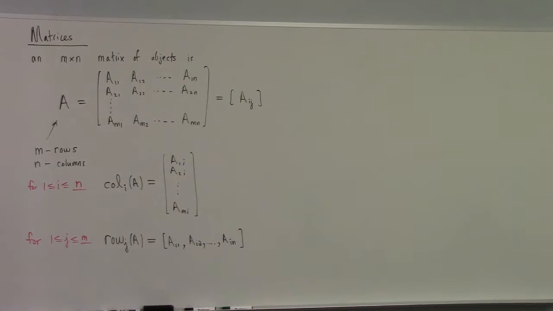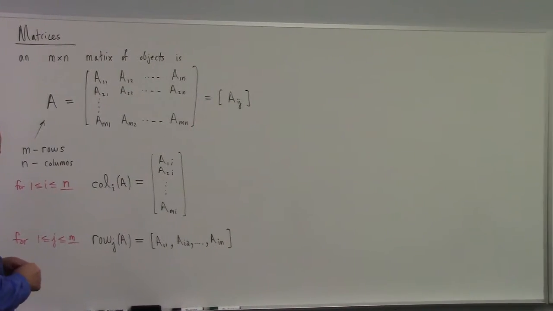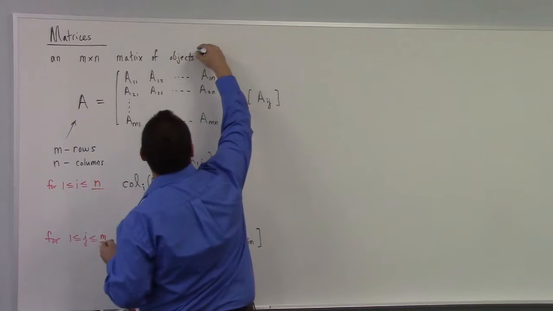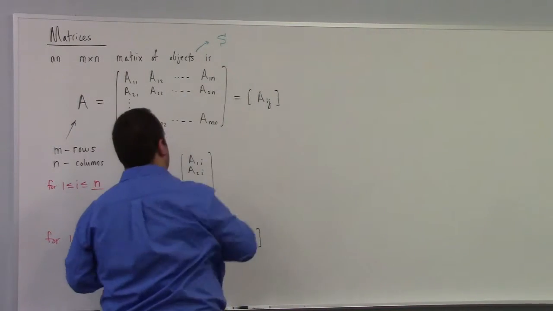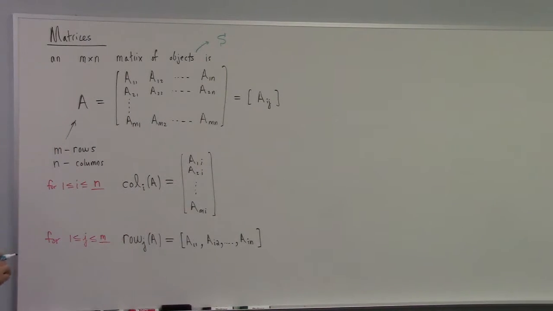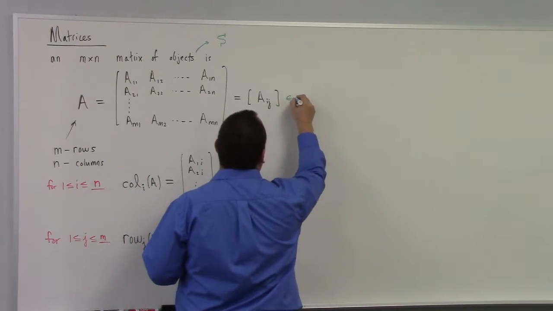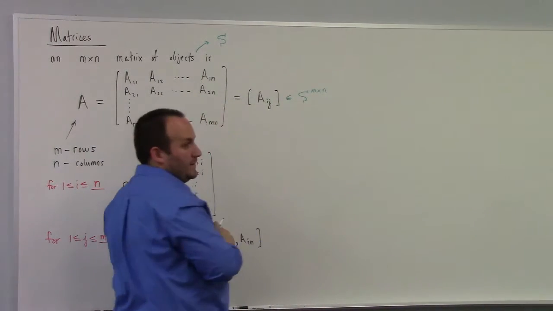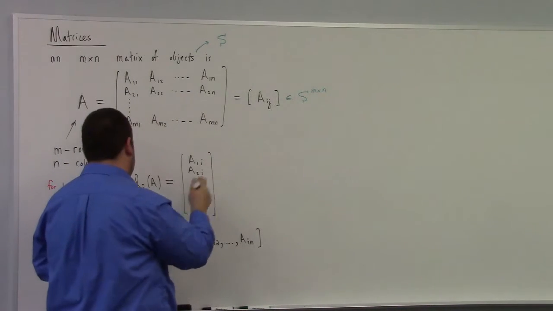Now, just to introduce some sort of general notation, let me call the objects that we're looking at S. All right. So with that notation, this A is an element of S m by n. So it's a matrix.